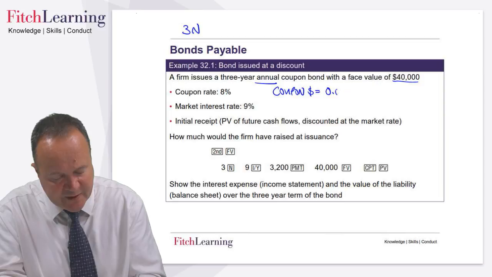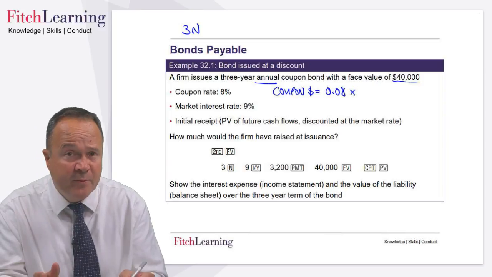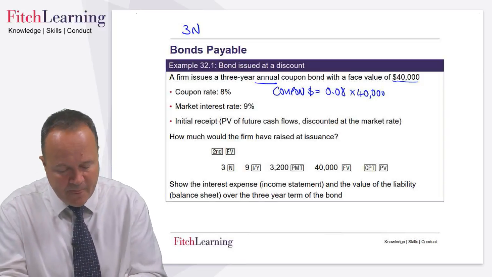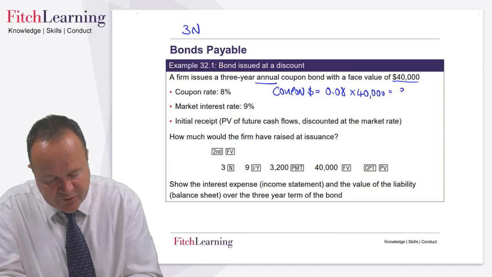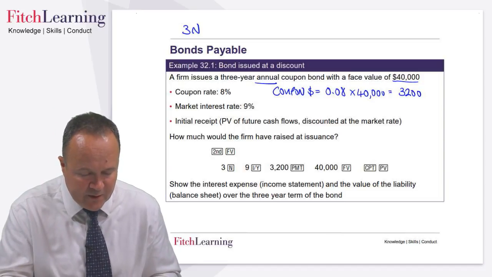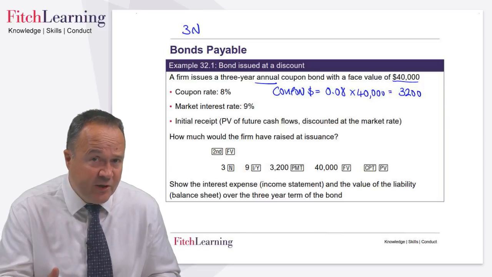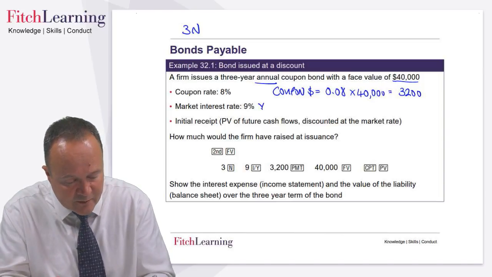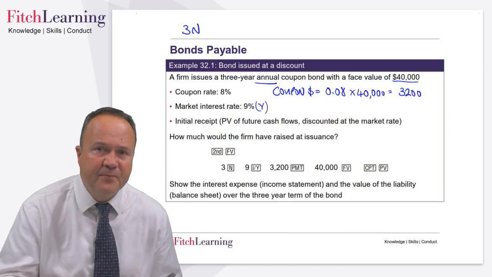That'll be 8% of the par value, so 8% of 40,000, which gives us $3,200. The market interest rate, that's the interest rate required by the market at the time of issue. So that's my yield, which is 9%.